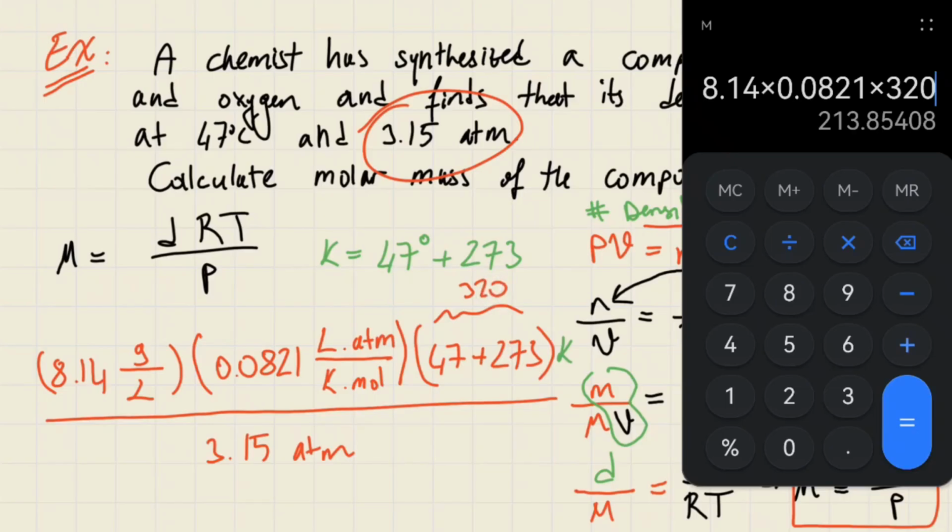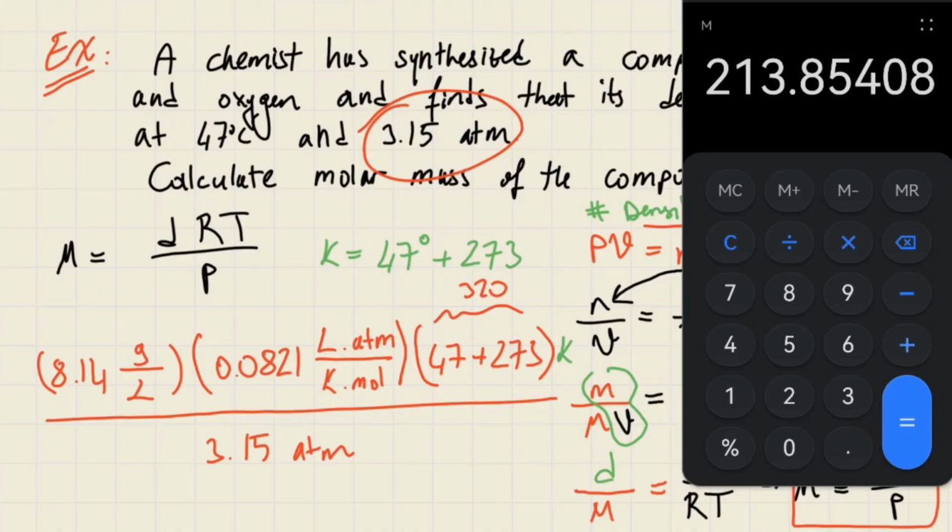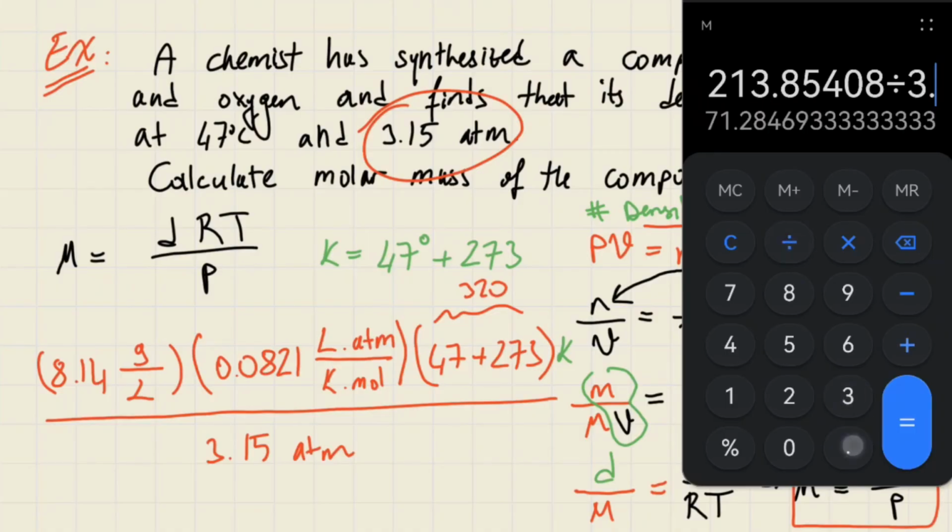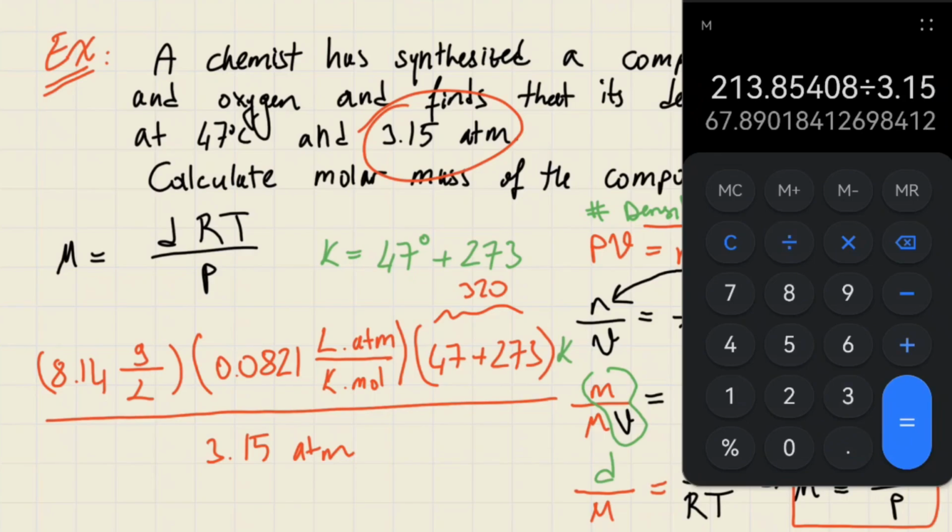Yes, I am right. Over, this is equal to 213 divided by 3.15. So the answer is 67.9 gram per mole.